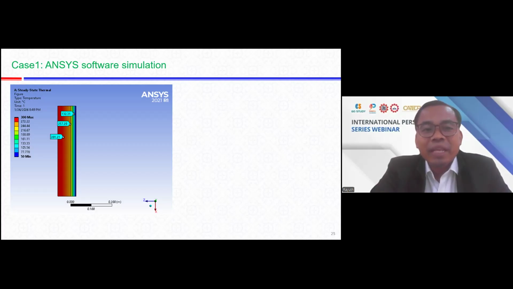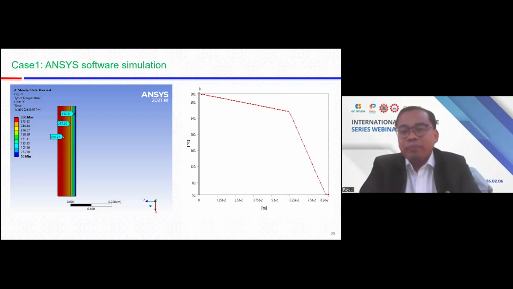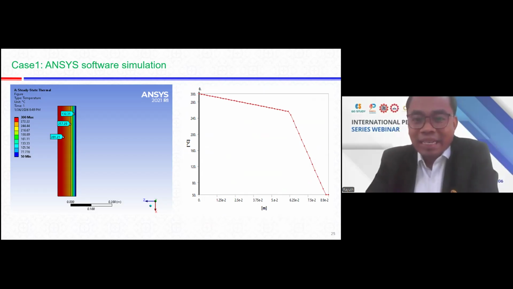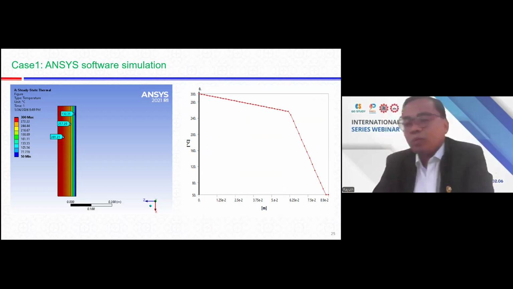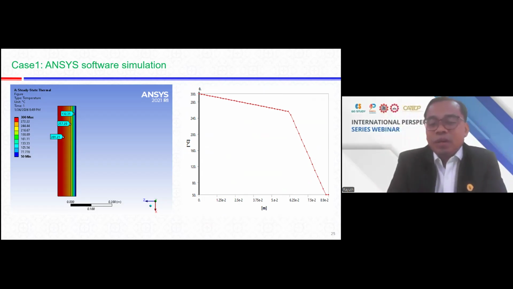So the temperature decreases from the hot side to the surface. This graph shows the temperature as a function of the layers. The temperature goes down as heat is transferred, and it depends on the thickness of the material.